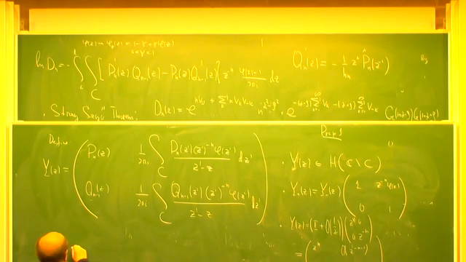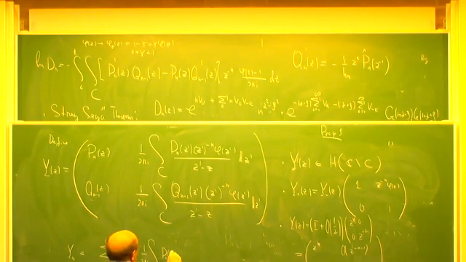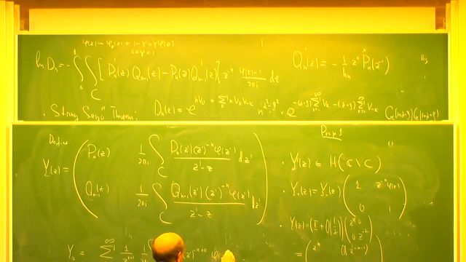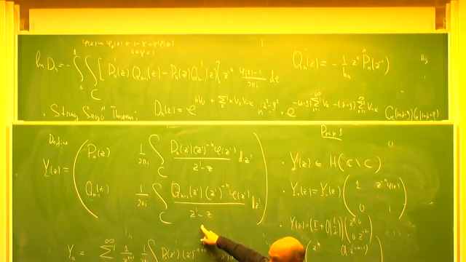Because what we have, for instance, for Y 1,2, I can write it as the sum over k from 0 of 1 over z to the k plus 1, times 1 over 2 pi i, the integral of P n of z prime, z prime to the minus n plus k, d phi of z prime. I just expand this denominator in a geometric series. This is a convergent series, everything is okay.